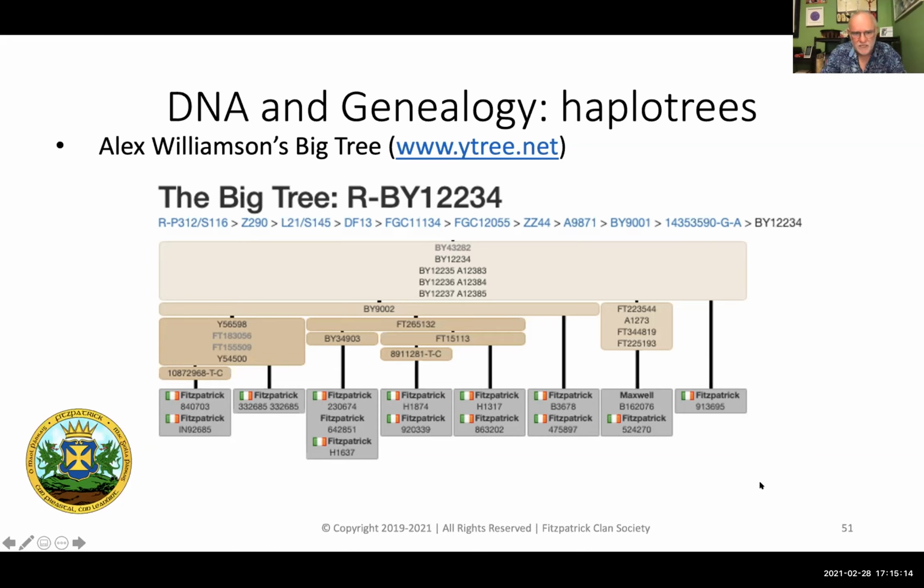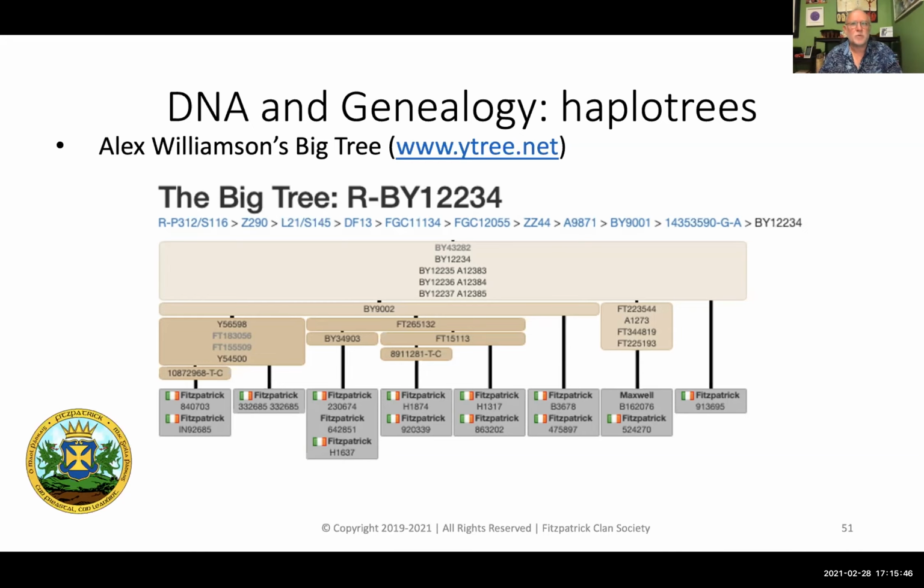And here he's got this little subtree that's Fitzpatrick dominated. There is one Maxwell in amongst that, and that Maxwell would have been a Fitzpatrick at some point in time. So whether that's through adoption or something else, fosterage, who knows? But we can tell that that marker is Fitzpatrick specific. So when I say Fitzpatrick specific marker, that's what I'm referring to.